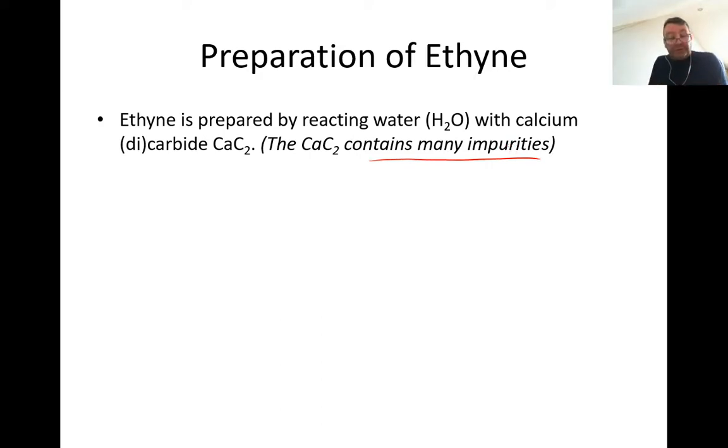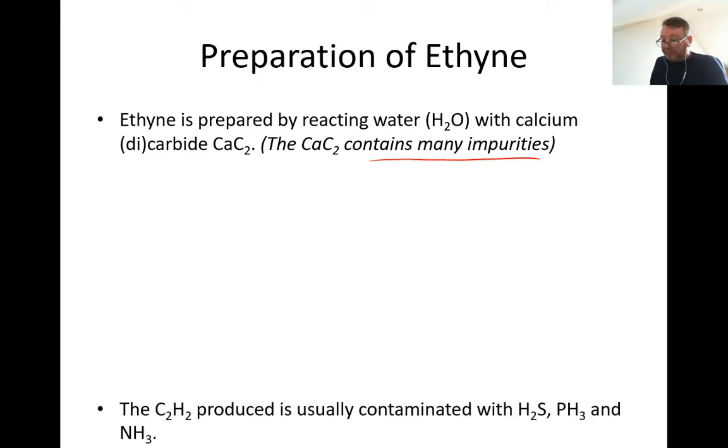But when you look at it, it looks for all intents and purposes like sand. Or it might look like little rocks. Or some people will actually tell me, if those of you who burn a solid fuel fire at home, when you're taking out the ashes, it looks exactly the same as that. Kind of a brown powder with little black flecks through it. Looks very similar to that, but it is extremely impure, and those impurities are going to cause a bit of a problem in our collection, but we'll deal with those later on.